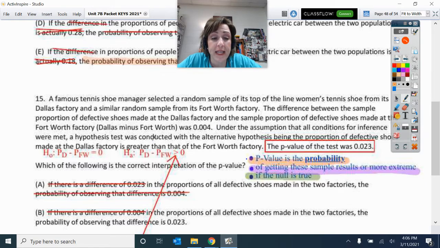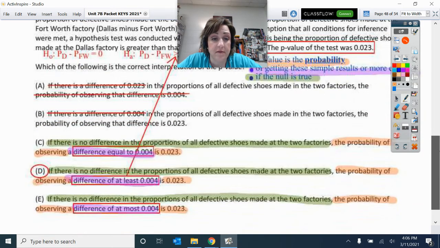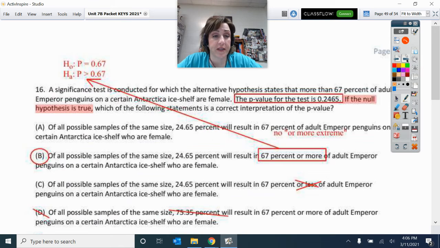But because they wonder if the Dallas factory has a greater proportion of defects than the Fort Worth factory, their difference is greater than 0. So that makes it such that the difference is at least 0.004. So there we have that, greater than or equal to, or just the greater than.